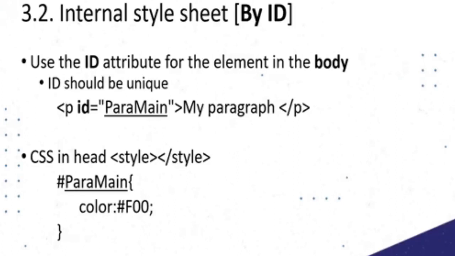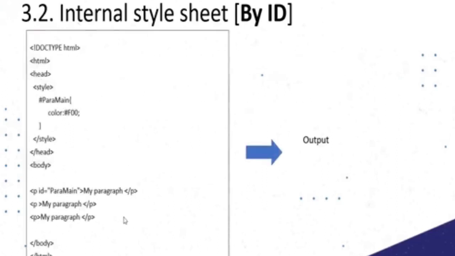If you have multiple paragraphs or multiple H1 tags, multiple different tags that need this particular style, we can use class, right? Okay. Now here we have this with ID, right? Here we have P, ID equal to para main, my paragraph. So this para main color is this.